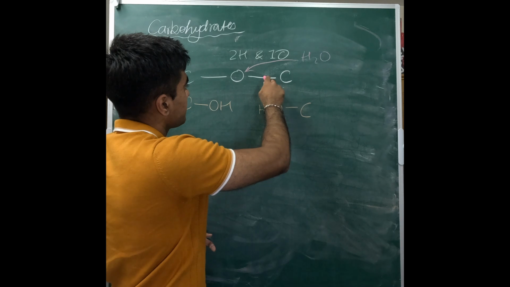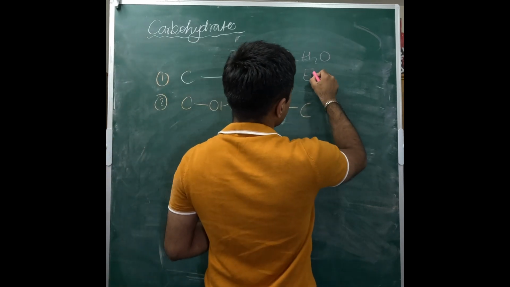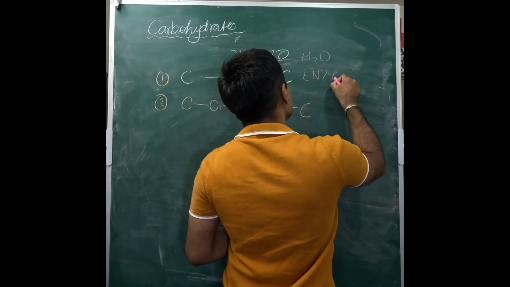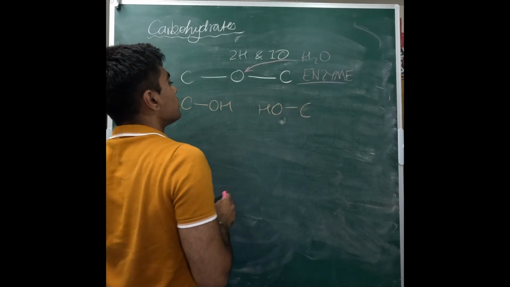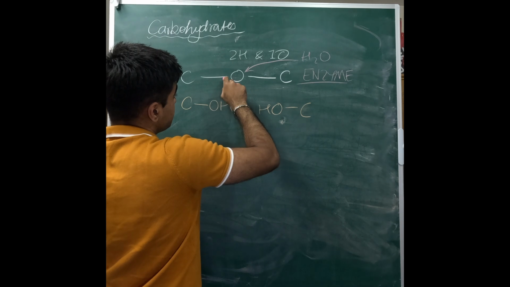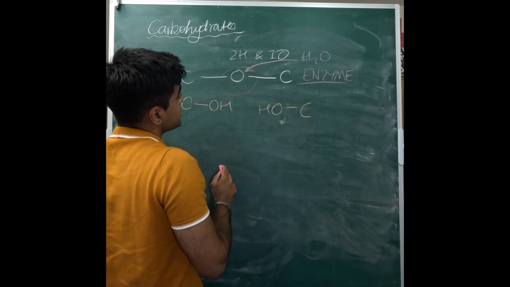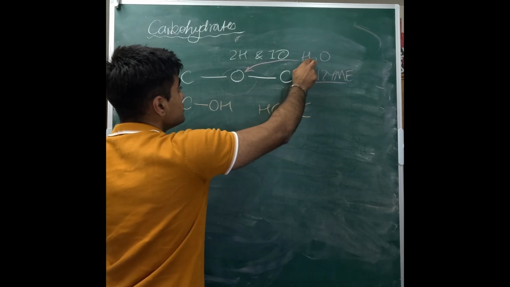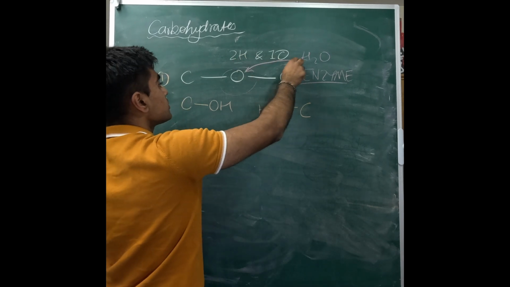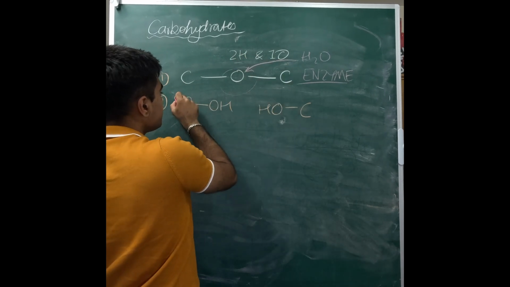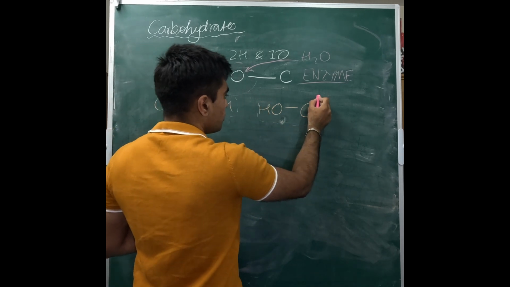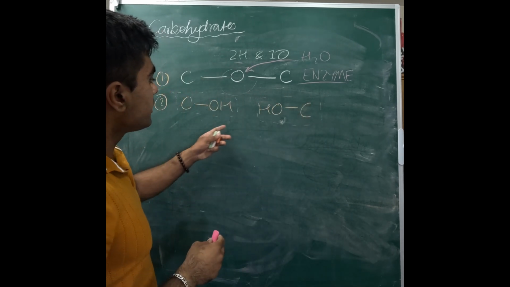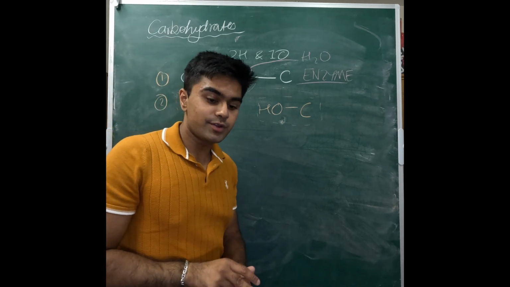After I add it, plus an enzyme, that enzyme will cause the glycosidic bond to be broken, and it will use the 2 hydrogens and 1 oxygen to reform this structure here. Once it's reformed that, voila, you've got your 2 carbohydrates back.